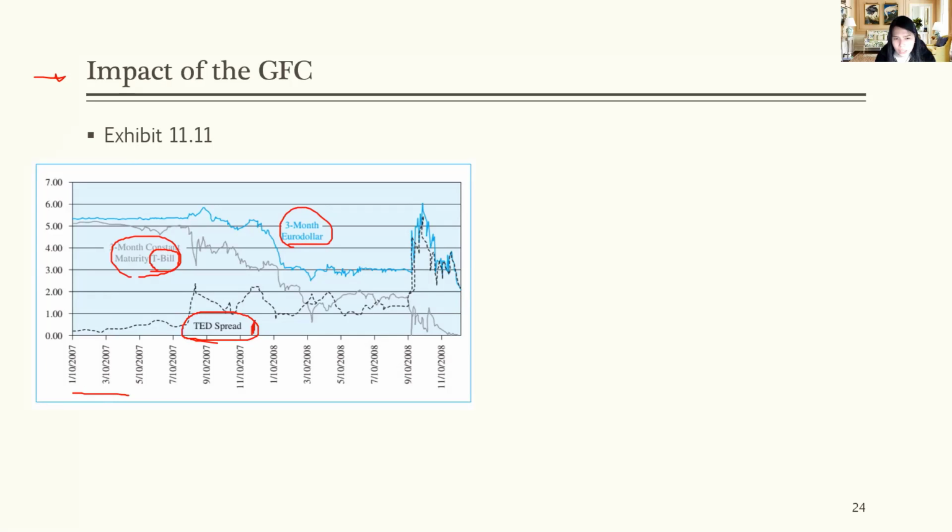As you can see, up until October 2007, the TED spread was pretty low, but it started to spike up in 2007. And at the peak of the crisis, it was really high, right? So this illustrates how much credit risk was in this sector during the crisis.